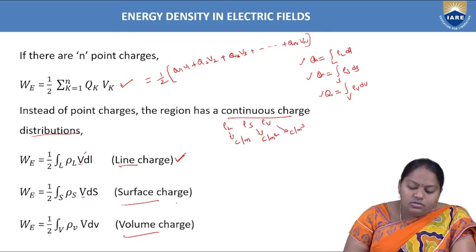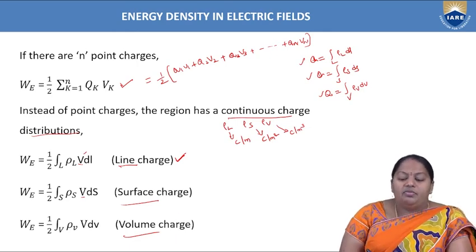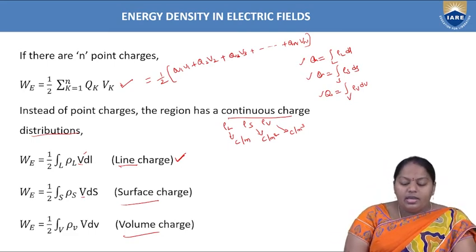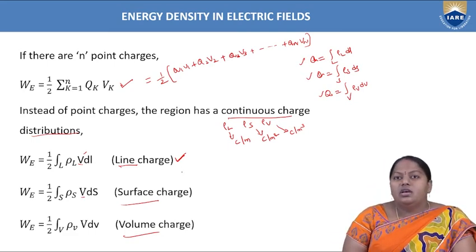Right? So in order to derive the equation for energy density in electrostatic fields, we have to consider any one of the 3 relations: the line charge density relation, the surface charge density relation, or the volume charge density relation.